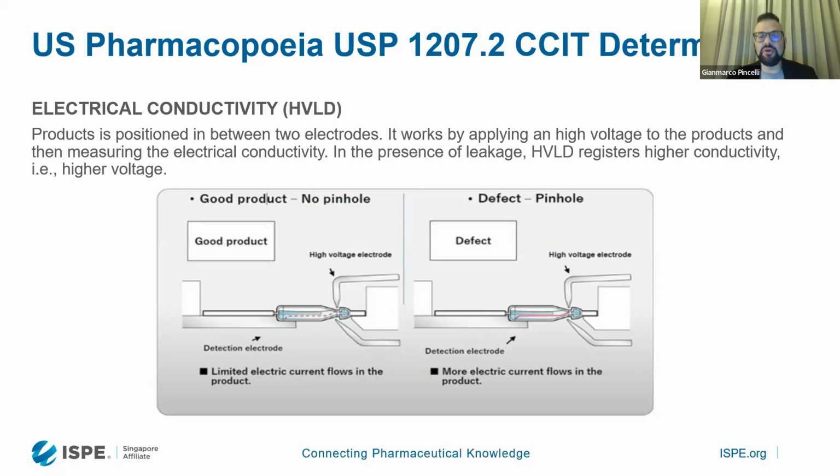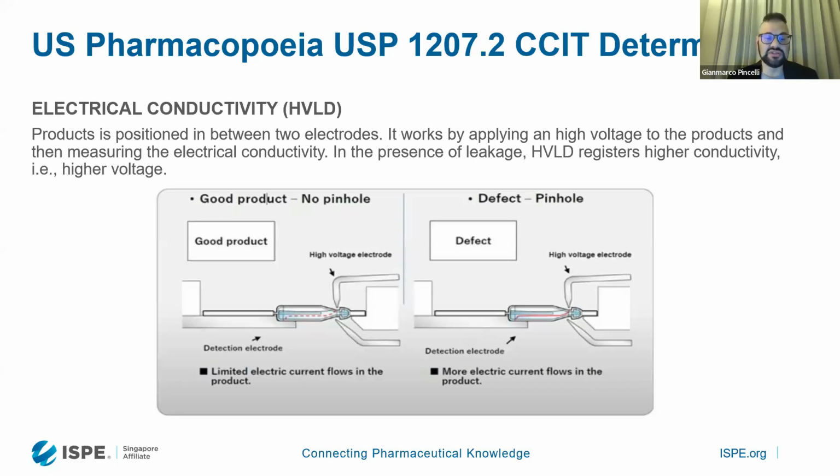Because in case of a pinhole, the current that is passing through the container is different. The container works like an insulator, and the liquid inside the product works as a conductor. So if you have a leakage, one current path is generated inside the container instead of outside, taking the short path, the short street.